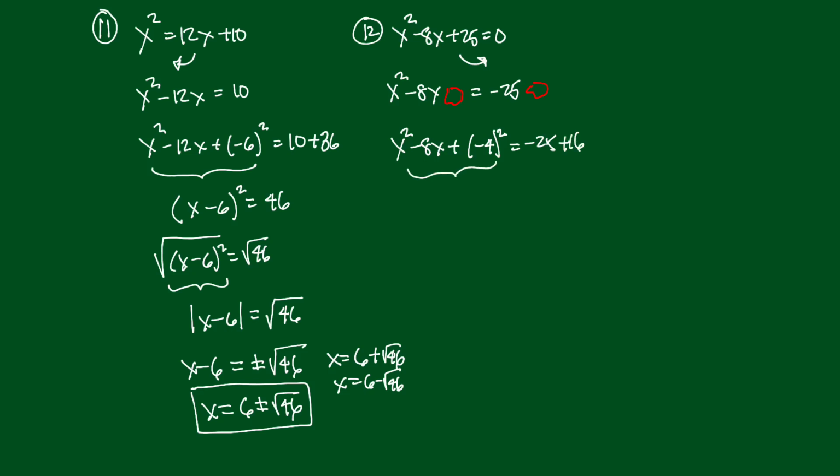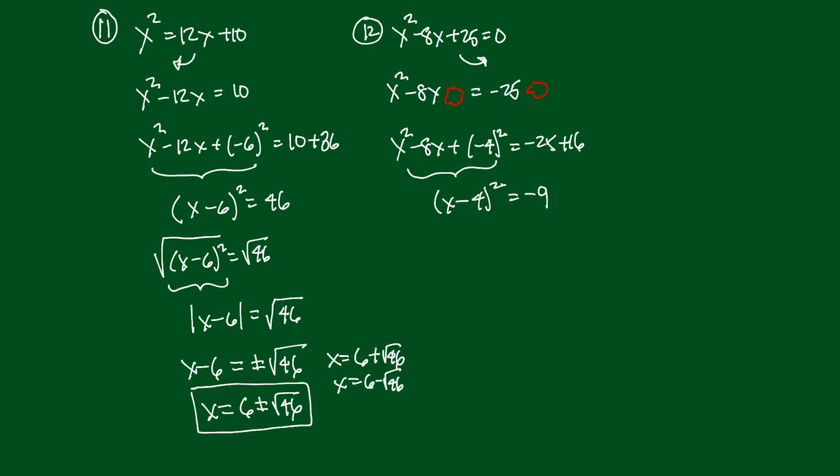This side we've created to be x minus 4 squared, right? What goes in here? Half of this. And that's equal to, now negative 25 plus 16 is negative 9. Now I have something squared equaling a negative number, so this I know is going to be imaginary, right? If you square something and get a negative, it's going to be imaginary.